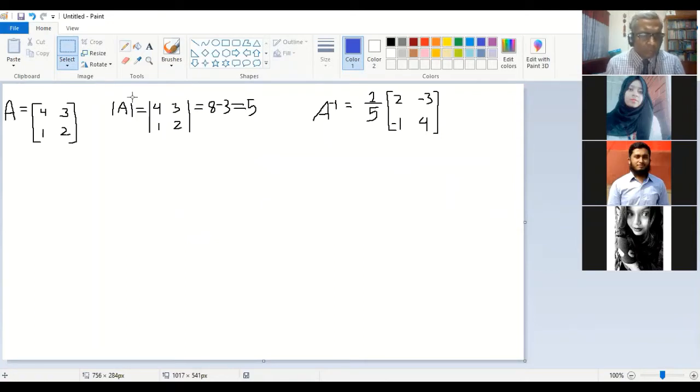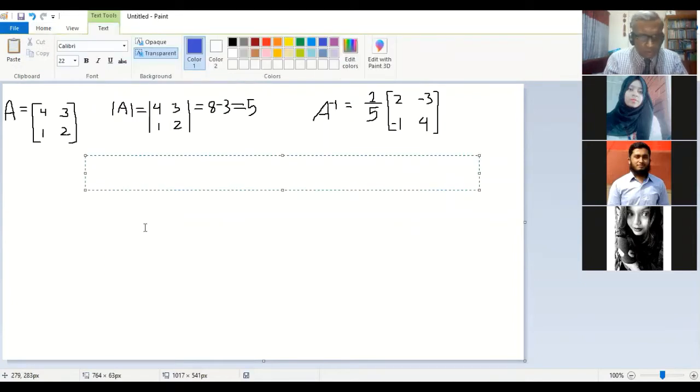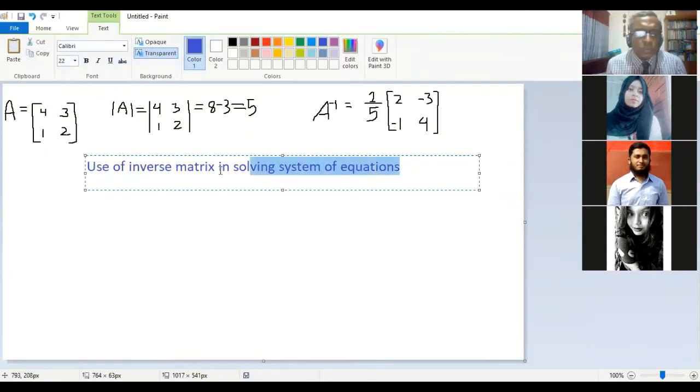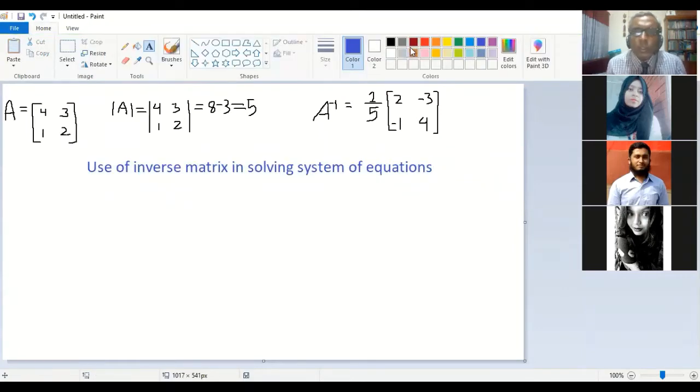So I am writing here, use of inverse matrix in solving a system of equations. Who knows about a system of equations? Do you have any idea what a system of equations is?